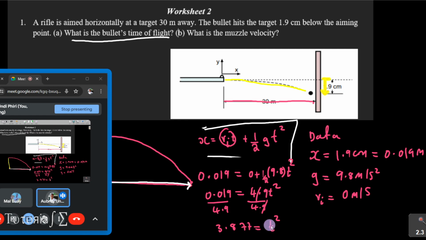Okay, you can just check your calculator again. Is it giving you 3.877? Let me just press the calculator again.